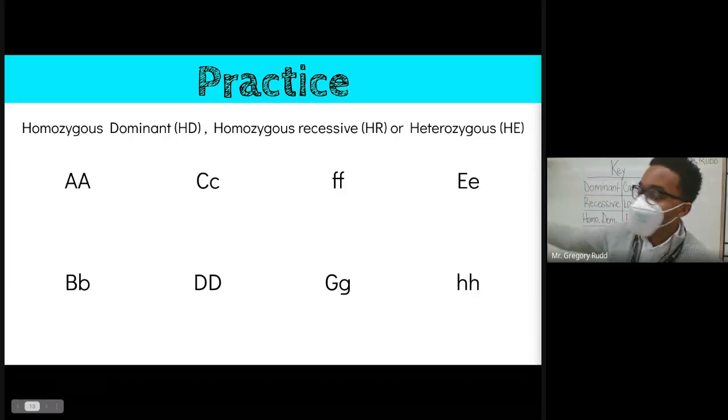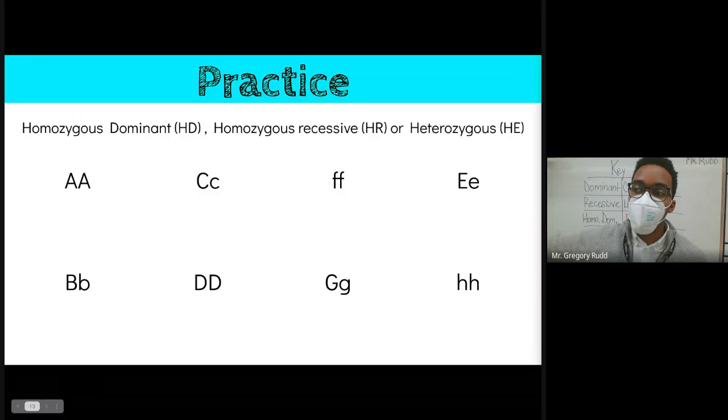Sayana, with this first combination, I'm looking way on the far left, AA. You said HD? Excellent. How did you know that? Yes, the chart. Good. Okay, you guys, you're making my standards class not look very good. Of course, this is HD. Why?